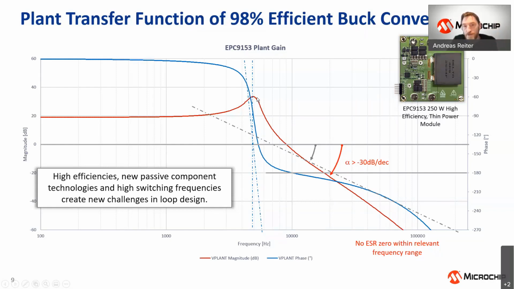Each pole would introduce a slope of minus 20 dB, resulting in minus 40 dB, but now we see something more like minus 55. So developing a compensation system that is then able to really capture this steeper drop of the gain sufficiently and also brings back up the phase here in this higher frequency range to get this converter up to reasonable bandwidth is quite a task and usually requires that you have to place additional poles and zeros here in the high frequency range.